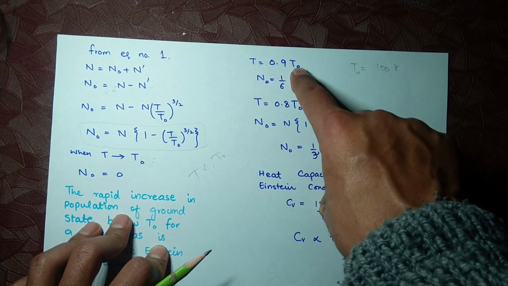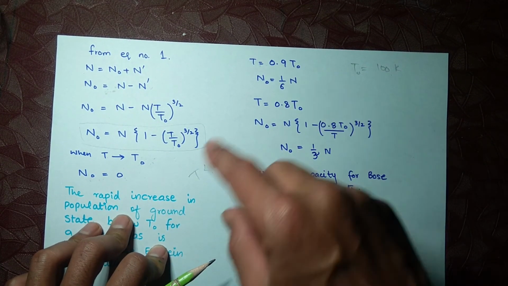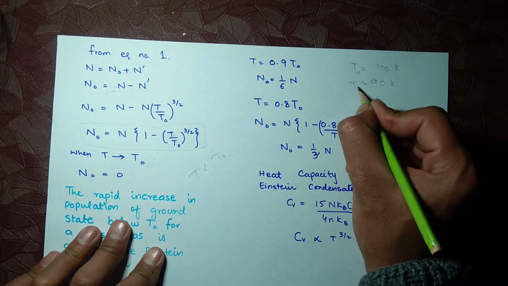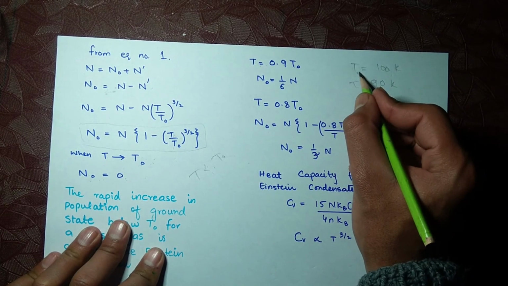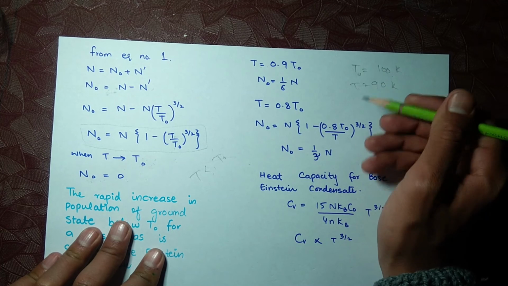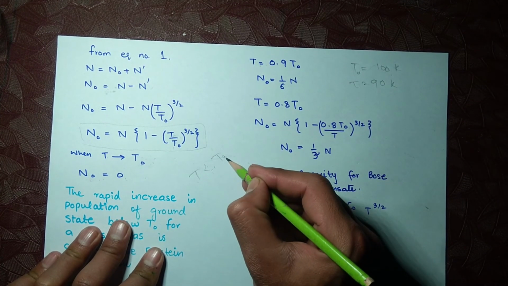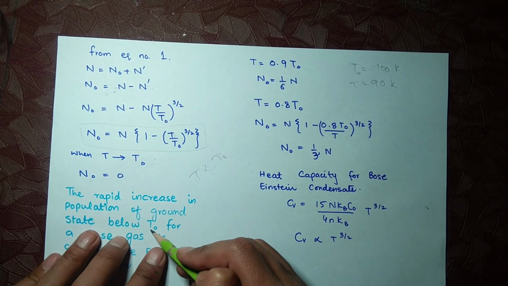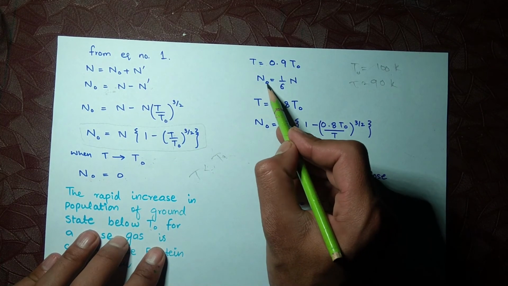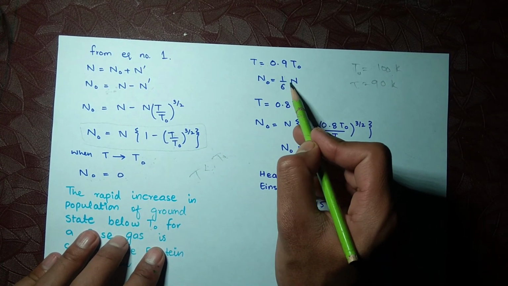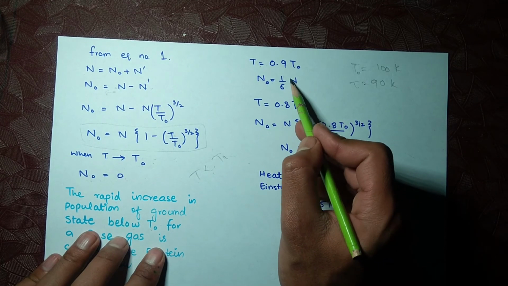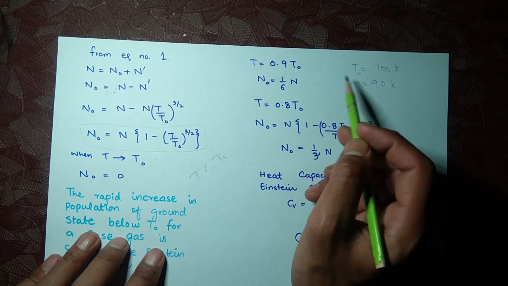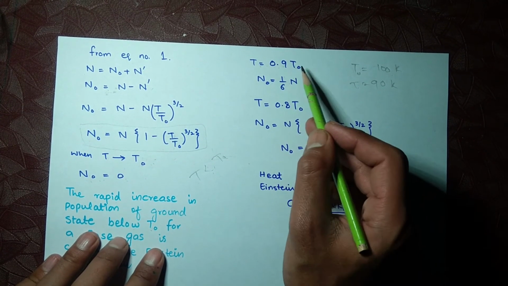So T will be equal to 90 Kelvin from this equation. So T is less than T naught, which means there will be a rapid increase in the population below T naught. N naught will be equal to 1/6 of N. So 1/6 part of the total number of bosons will be at ground state at this temperature, at 90 for example, at 0.9 of T naught.